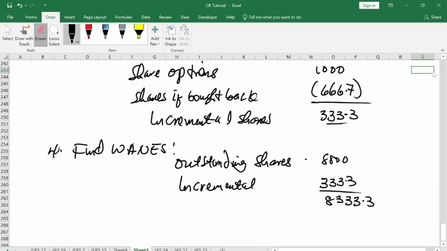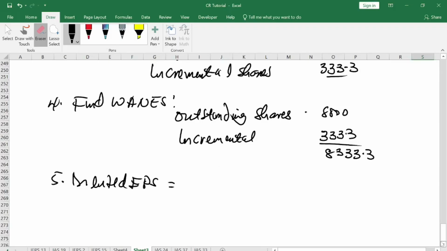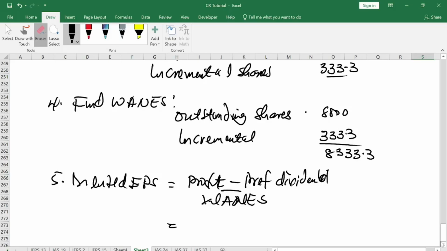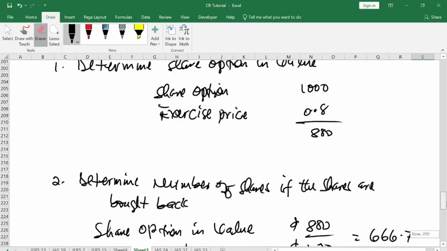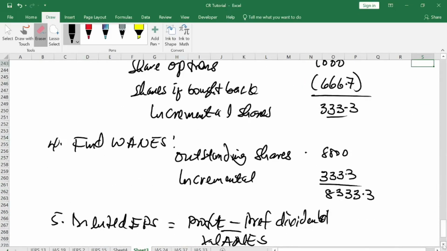Then you can find your diluted earnings per share, which is your profit minus preference dividend over your weighted average shares. We have 2,400 all divided by 8,333, which gives 0.29. So applying the two methods, you end up getting the same results.